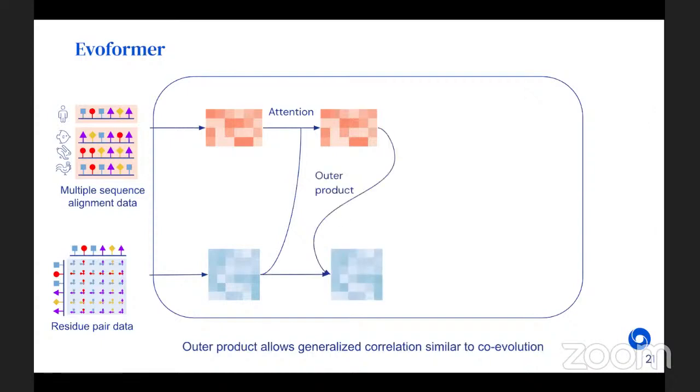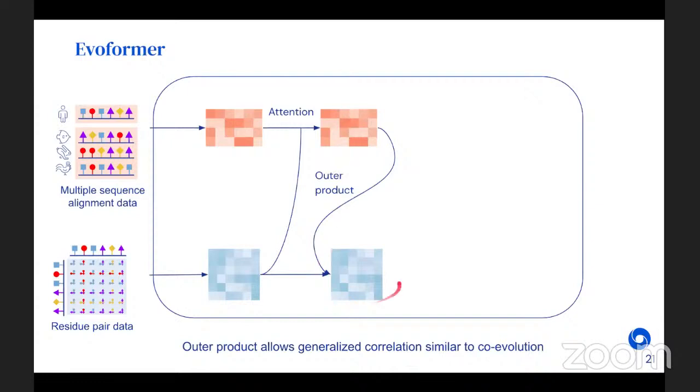So on the next step, we need something to go from the multiple sequence alignment to the residues. So somehow inform the residue pairs about the multiple sequence alignment. And what we do is an outer product operation. So the way to think about this is you take the columns of this matrix and just compute correlation between them, between all pairs of the columns, right?